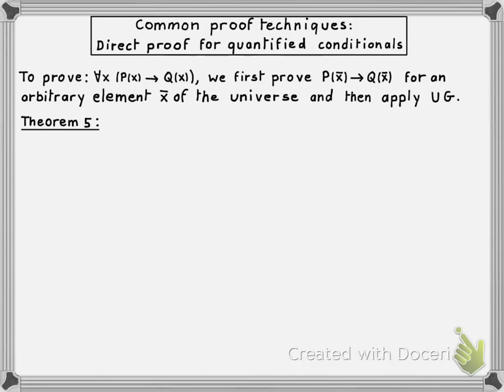So as an example, let's prove our fifth and last theorem for this lecture, which is the following. For every integer n, if n is odd, then n plus 2 is odd.